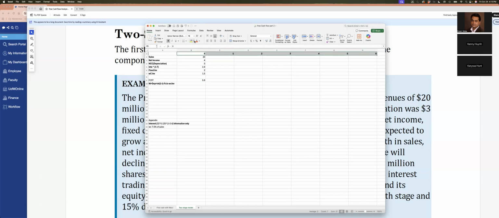These are the years, so don't get confused. So this is the number we got. This is the free cash flow for firm for year zero, 5.9. Did you get it, Carissa? Yes. So this is the formula we used, okay? Understood.